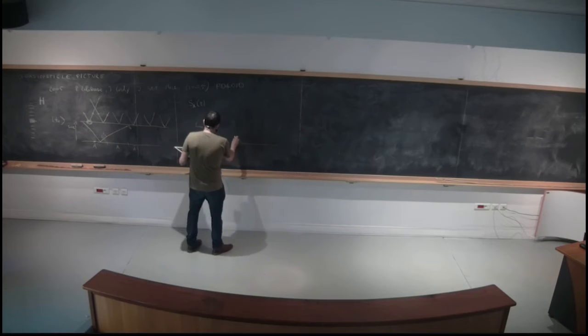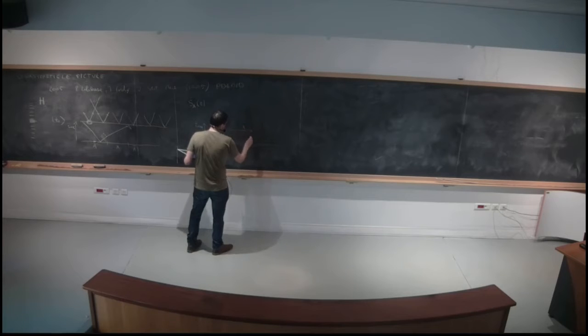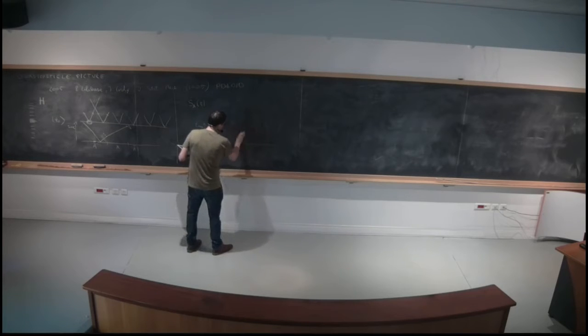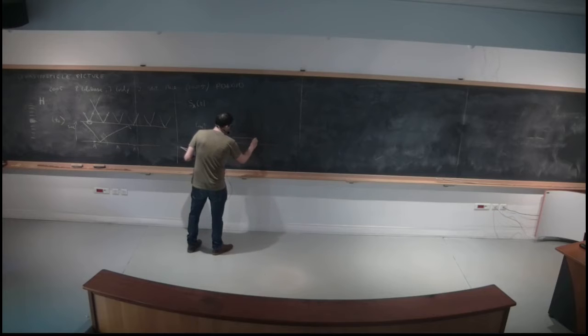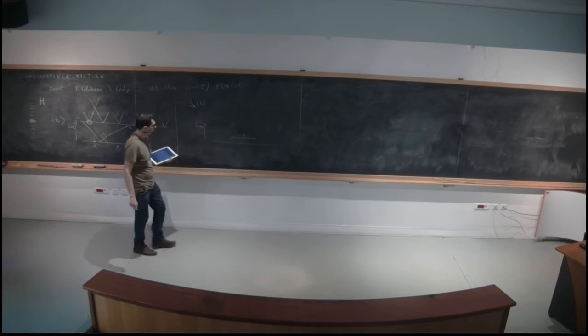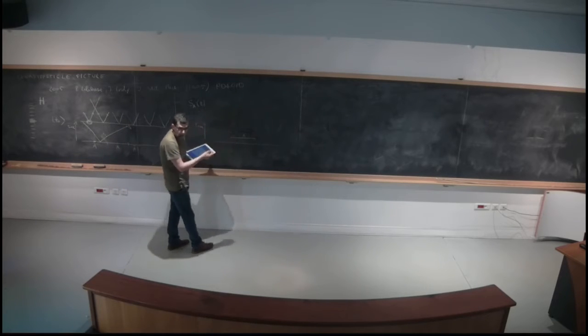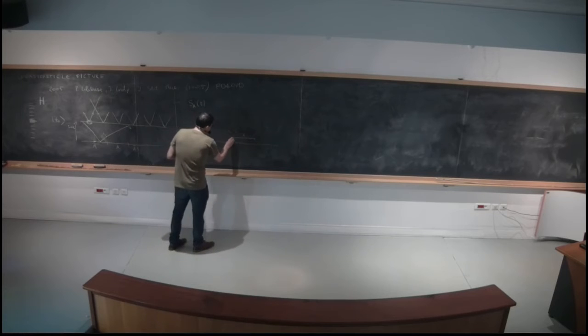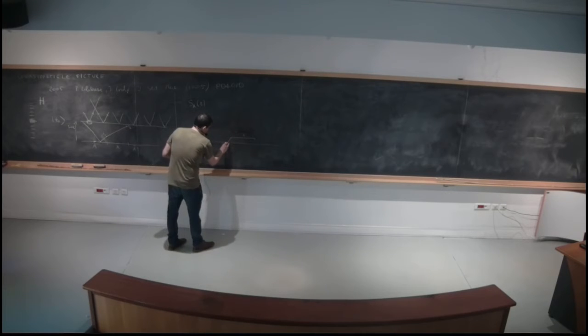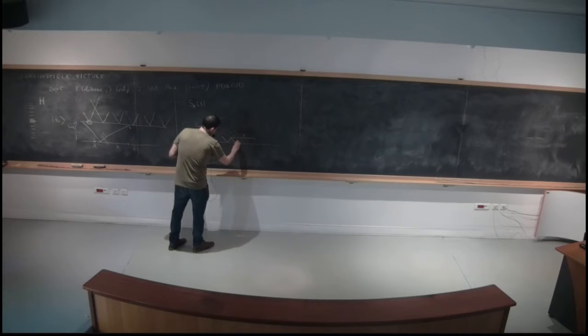Let's say that we have our subsystem A. My subsystem A. And then you see that the number of quasi-particles that will contribute is proportional, or at least it should be proportional.